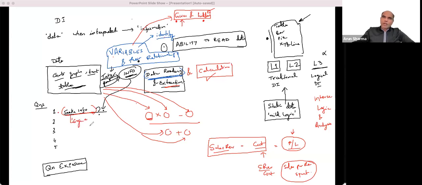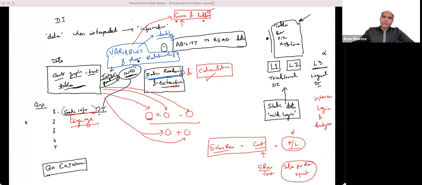What does it say? From the language of the question, you then come to the formula. You extract the formula: this is what I'm looking for. And from the formula, you insert the numbers, extract the data, and then calculate. So this is the traditional DI question mostly.